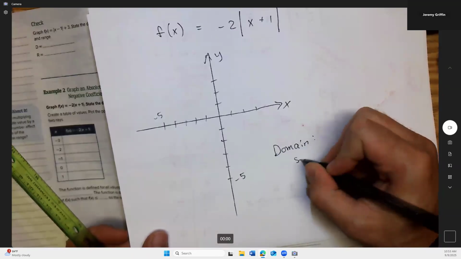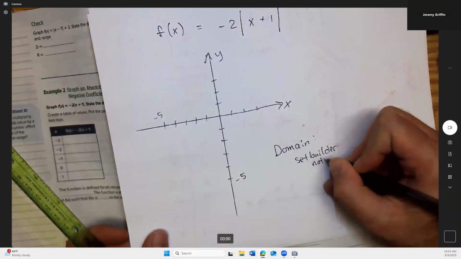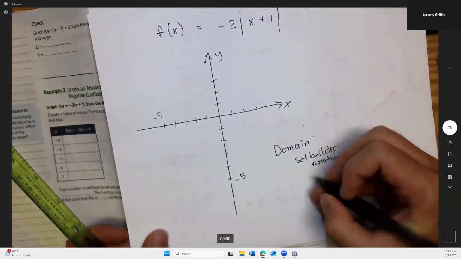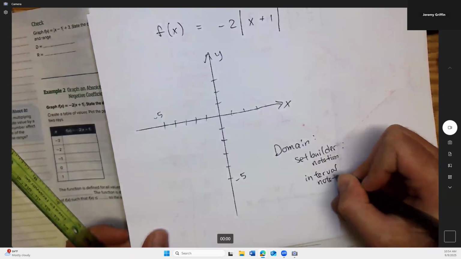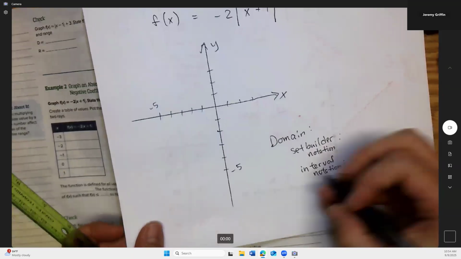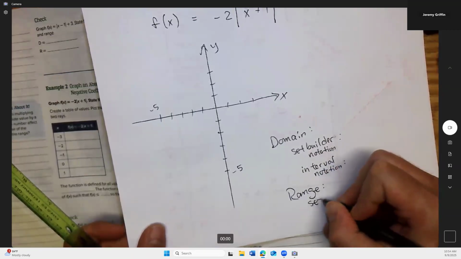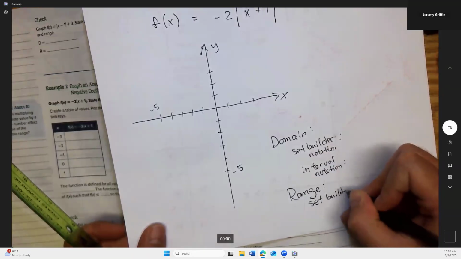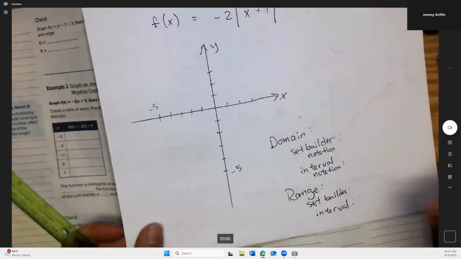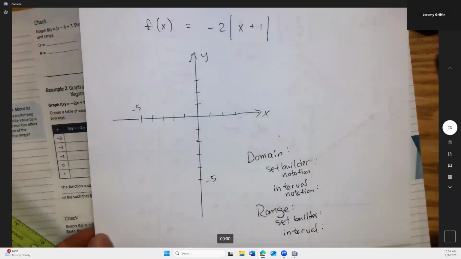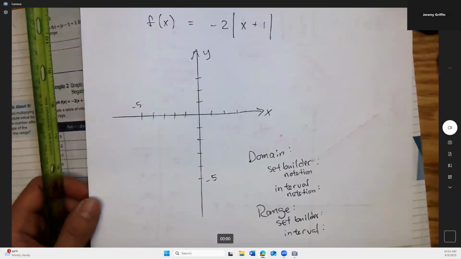Okay, now let's do set builder notation. And then we'll do interval notation. Okay. And then same thing for range. We'll come up with a range. We'll do set builder and interval notations. Okay, so we'll come up with all this, right, for that function. You guys got that all in your notes?